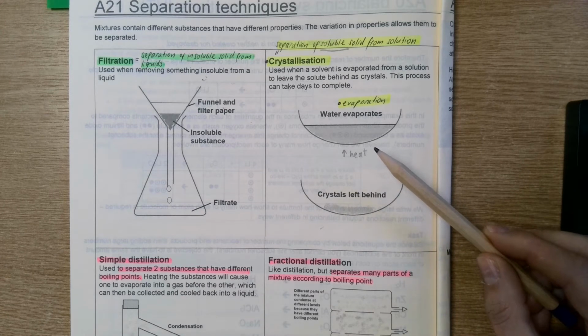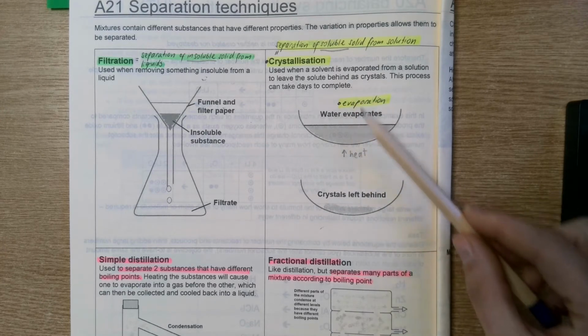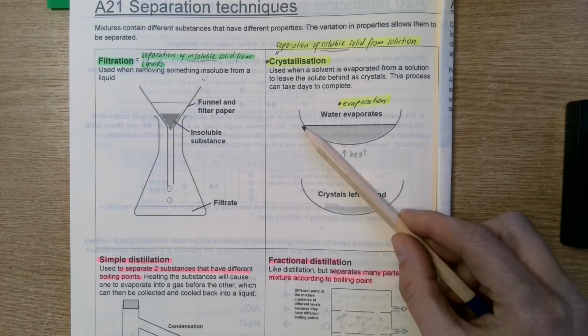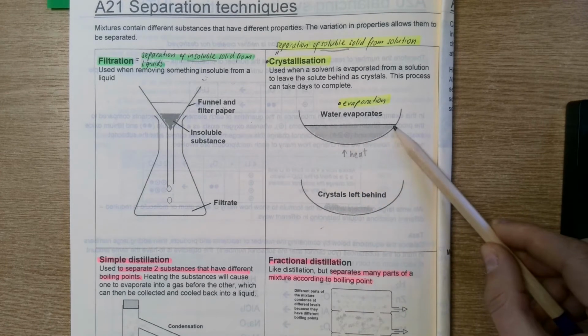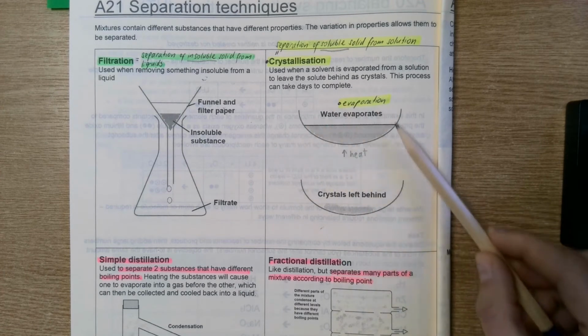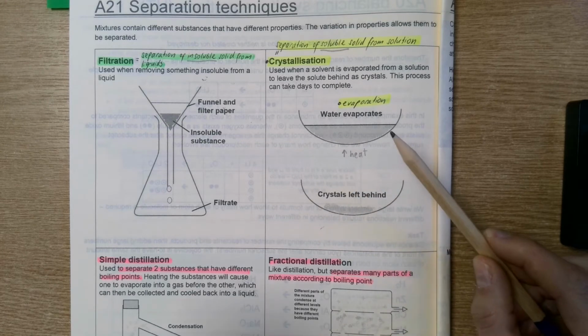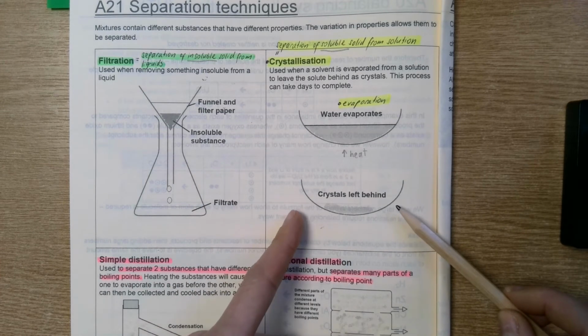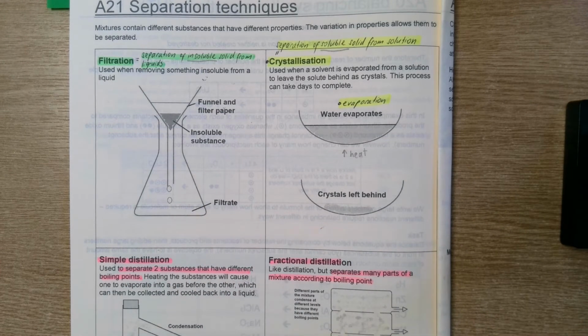So often what we do is evaporate the liquid or solvent out, but only to the point where we can see crystals forming just on the edges of the concentrated solution. You will stop heating at that point. Take that evaporating basin somewhere dry and warm and leave those crystals to develop over a long time.